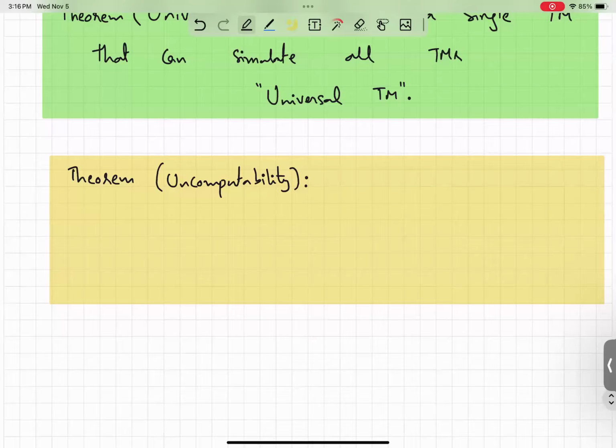And it turns out Turing machines are unfortunately not all powerful. They're as powerful as we can be, but they are not all powerful. There are functions that are uncomputable.